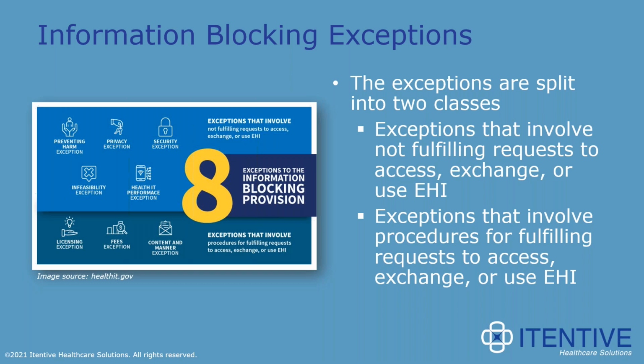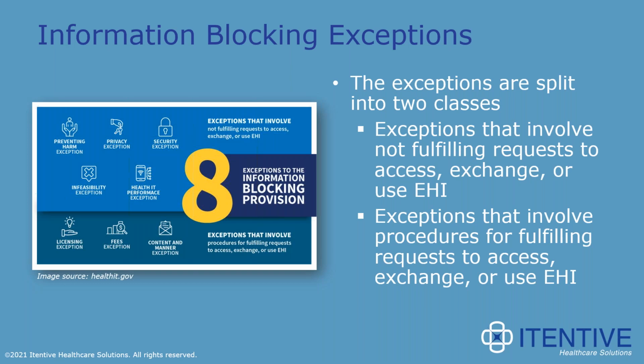It's infeasible to meet. There's also the health IT performance exception. So this is to take reasonable and necessary measures to make health IT temporarily unavailable or impact the overall performance of the health IT to provide that information. So maybe you just had an upgrade and that information is not available at this second. That's where that idea is coming from for that one.